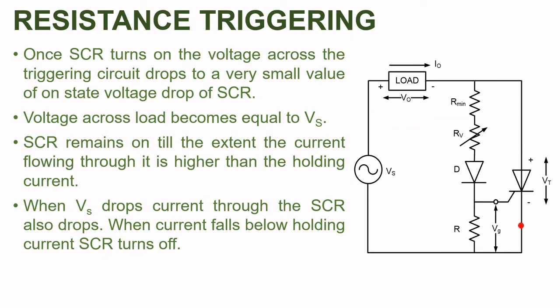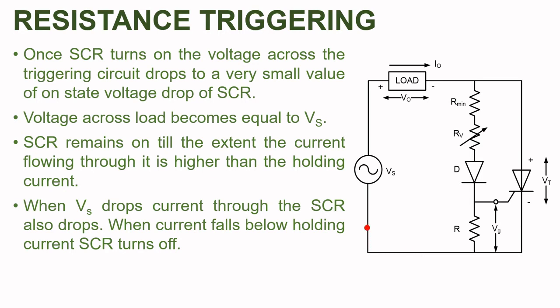Once the SCR is turned on, the voltage across the SCR will drop and the current will now flow through the SCR and will not take the triggering branch path. The voltage across the load becomes equal to the source voltage.